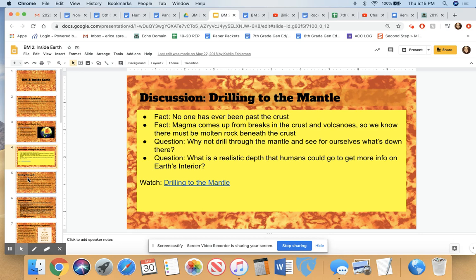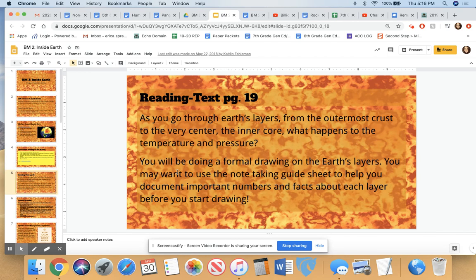And we're getting very, very close to revealing a piece of evidence that really would have helped him make his case. Now, I'm going to provide for you a PDF of a picture of the Earth's layers with some information on what happens to temperature and pressure as you go through each of these layers.